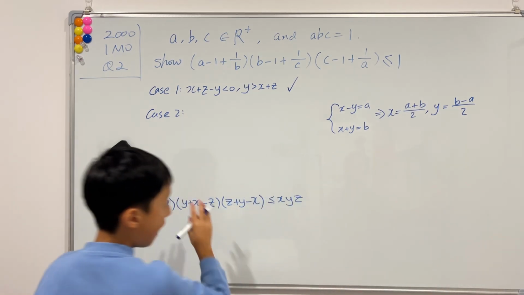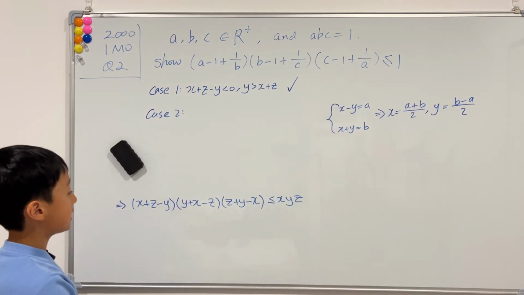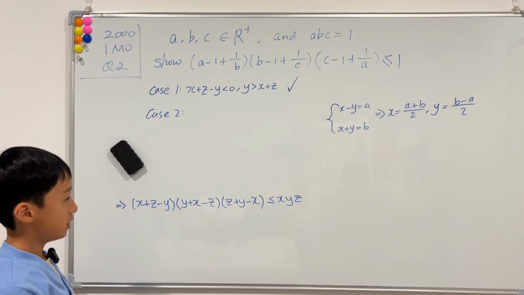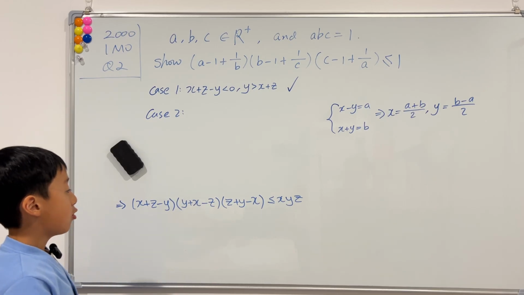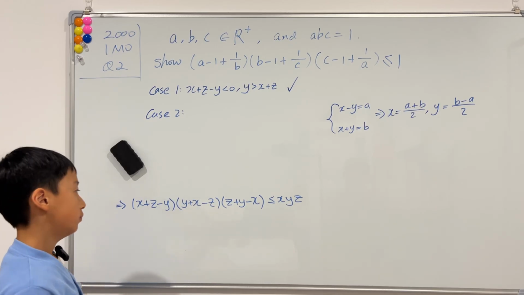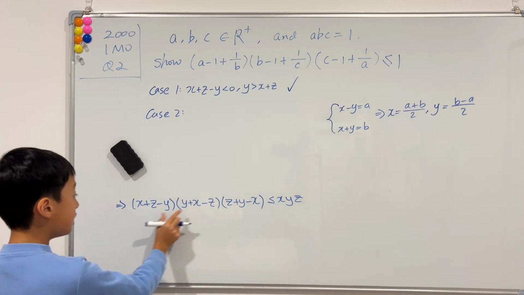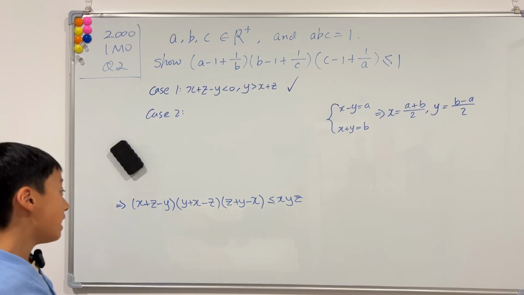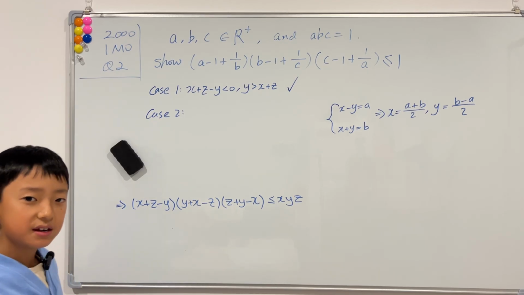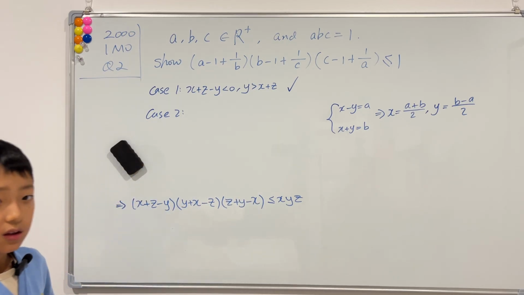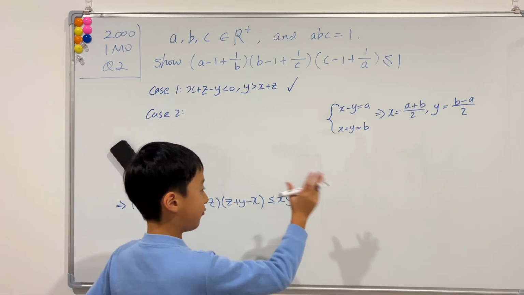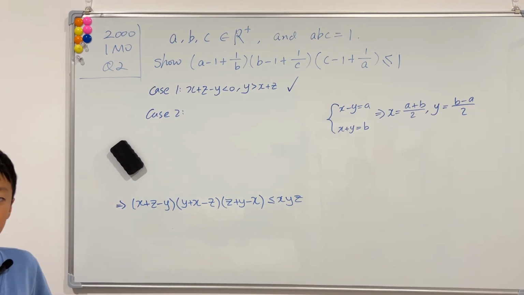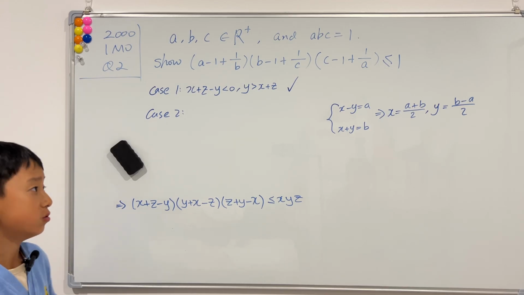Okay, but how is this relevant to us proving that this is less than or equal to xyz? Well, it actually is, because now I'm going to use the AM-GM formula. So I'm going to let each one of these brackets be a different variable, say m, n and p respectively, and then if we figure out x, y, and z and we plug it into the right hand side, then it'll be some fraction is greater than or equal to some product, which is the AM-GM formula, right? So that's exactly what we're going to do.